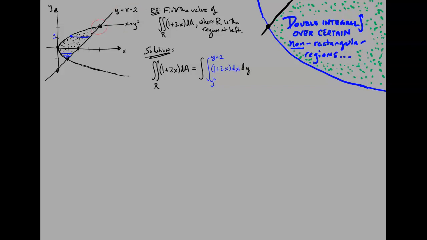Namely, the coordinates of this point are 4, 2, which you can verify by seeing that they satisfy both of these equations, while the coordinates of this point are 1, -1. That means I'll be integrating my blue function as y runs from -1 up to 2. So those will be my limits of integration on the outer integral.